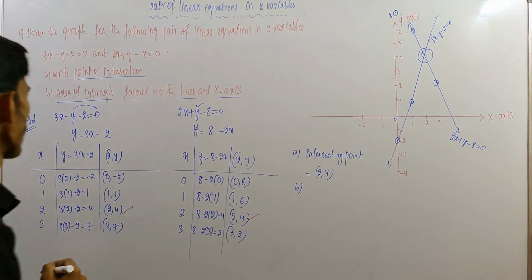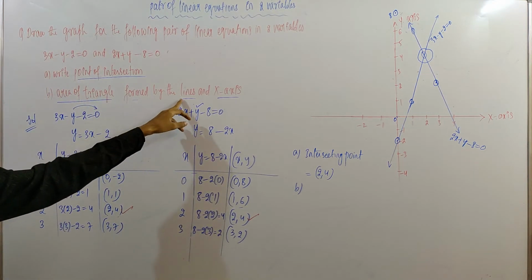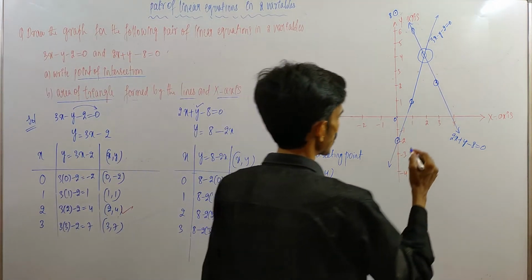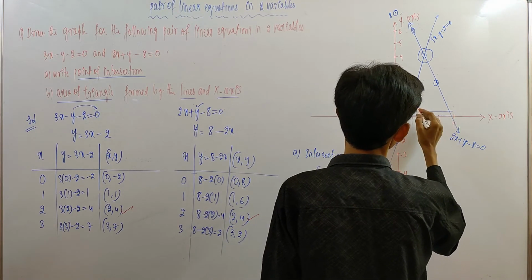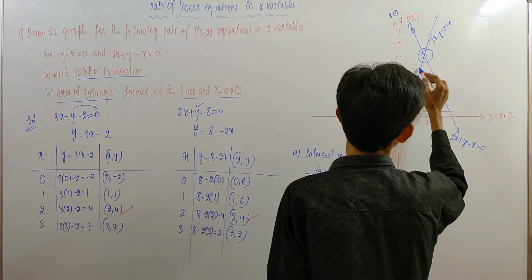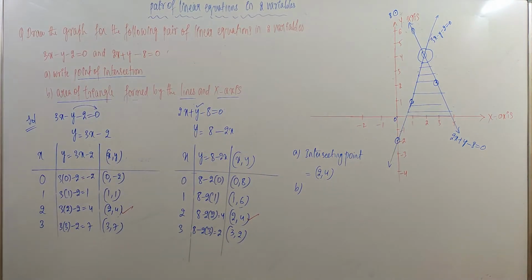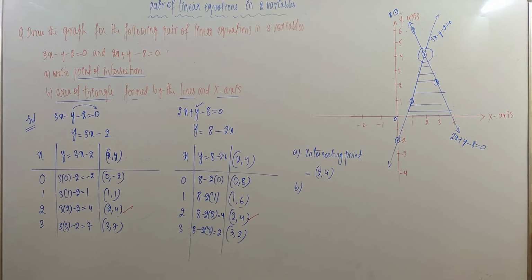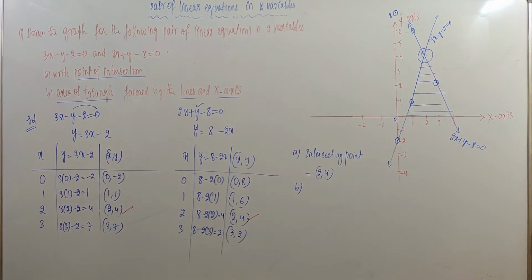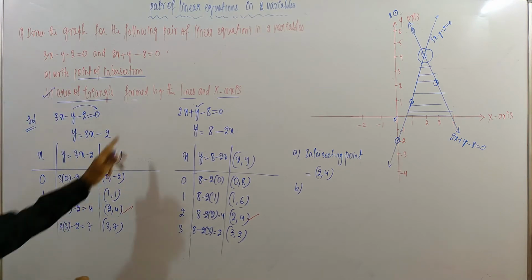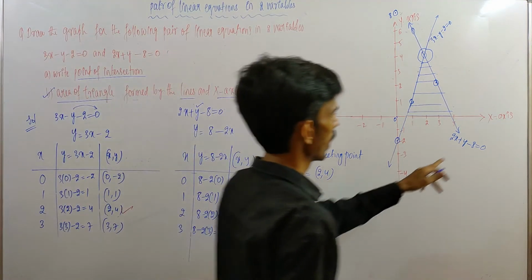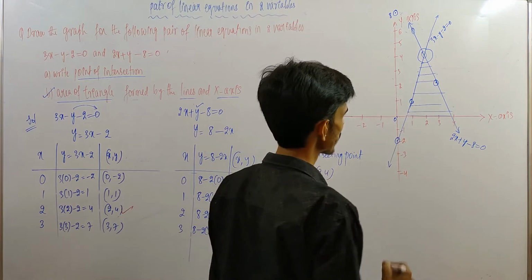Second bit, we have the area of the triangle formed by the lines and the x-axis. So we have to find the area of this triangle. We have the x-axis and these 2 points are required.